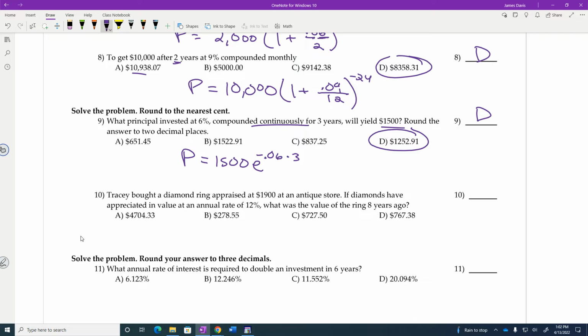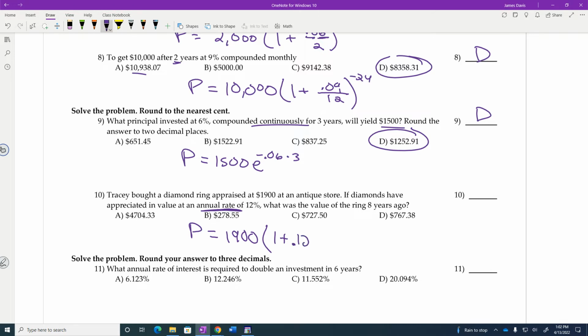All right, so it's going to have a negative because it's going to take it less. So if it's 1,900 in the future, it's going to be our 1 plus, it's an annual rate, which means n is 1.